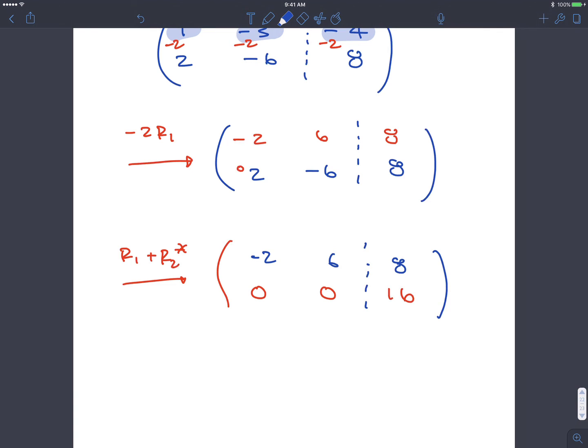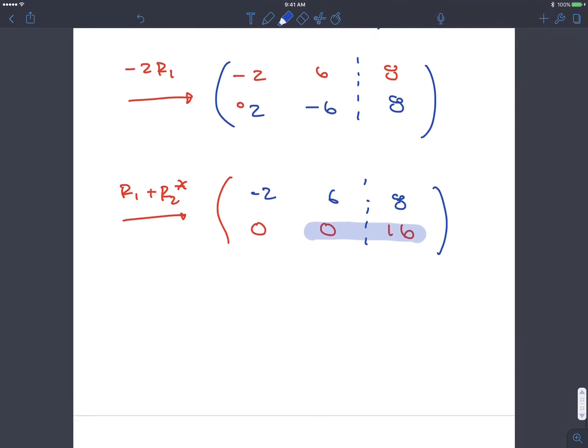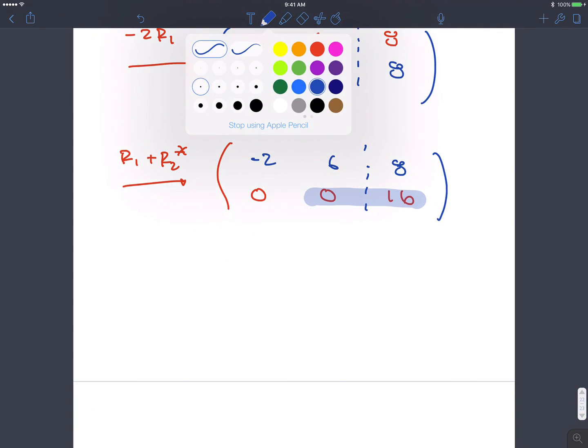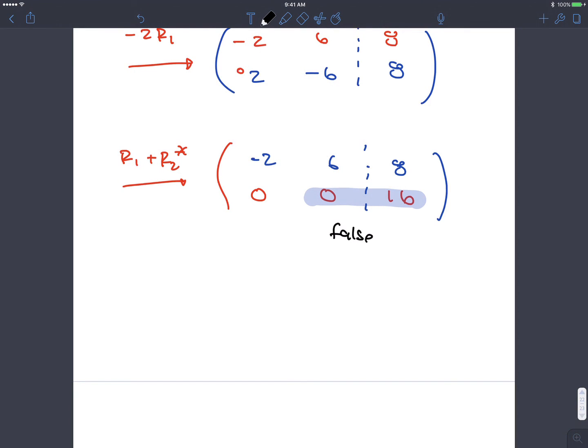And again, we notice we get a false statement here. No solution. Empty set symbol. The lines happen to be parallel. There is no point of intersection. And that's how we solve a system of two equations and two unknowns.